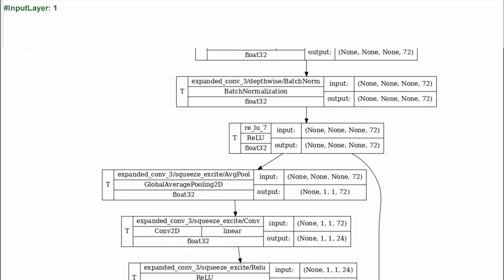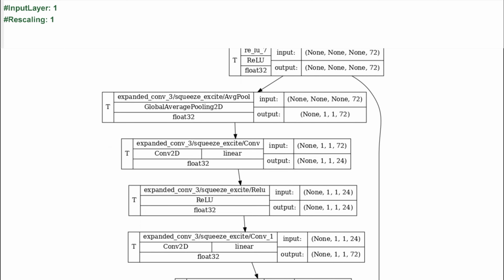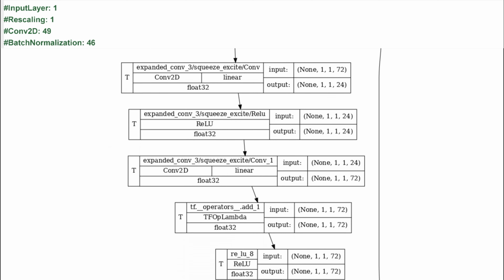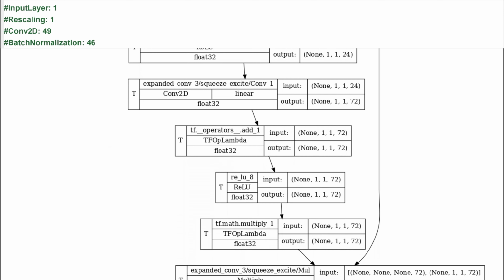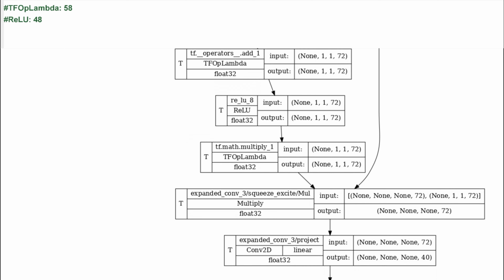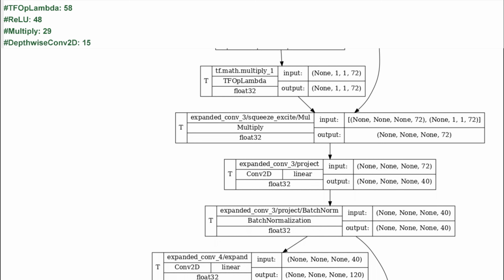in these categories. Input layer, 1. Rescaling, 1. Conv2D, 49. Batch normalization, 46. TFOpLambda, 58. ReLU, 48. Multiply, 29.